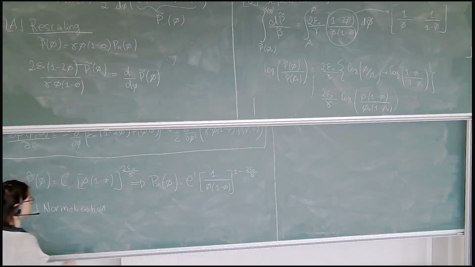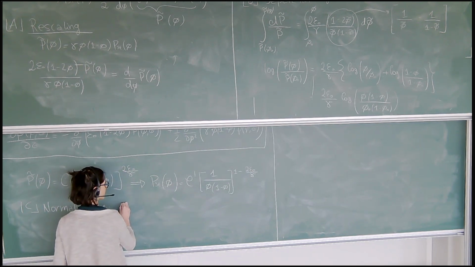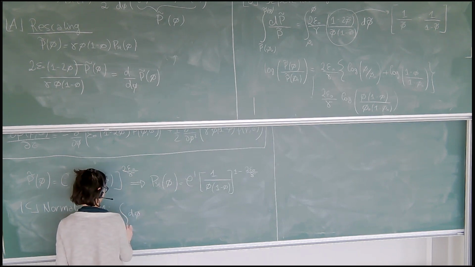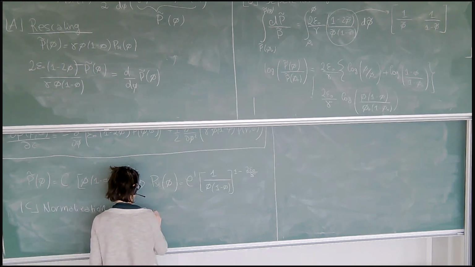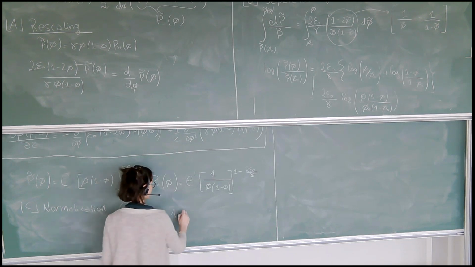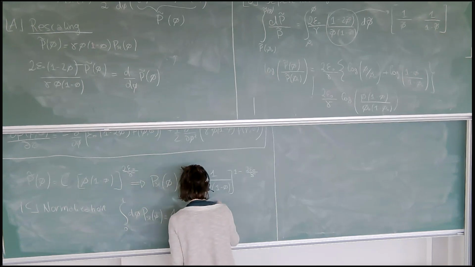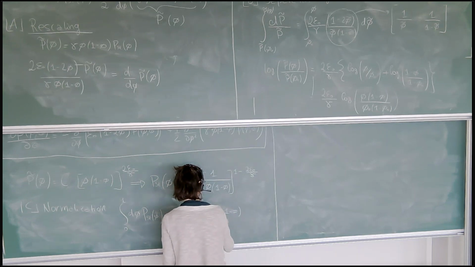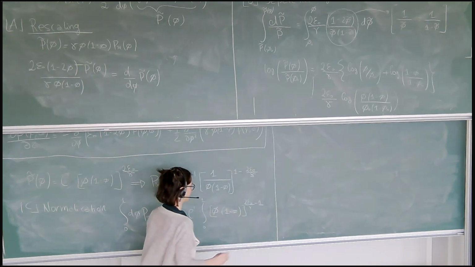And this is a chance for me just to introduce one identity that maybe is useful to remember, which is a gamma function. But anyway, what I need is that the integral from 0 to 1 of my distribution is equal to 1, and this is C prime integral from 0 to 1 of, so actually now I will write it as phi 1 minus phi to the 2 epsilon over gamma minus 1 in d phi.